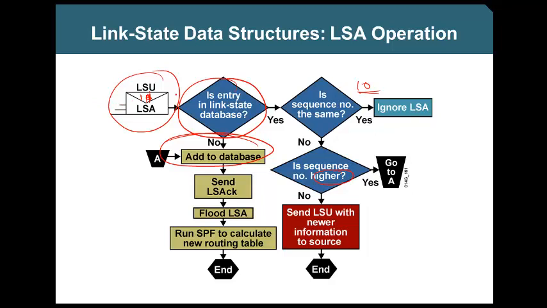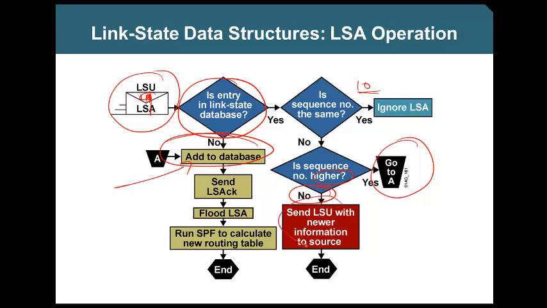If it is not new information, which means it is an older one, whoever is sending the old one, he is sending 9. So, not ignore. This router will inform the sender that you are having an old one. Take mine. I'll give you mine.